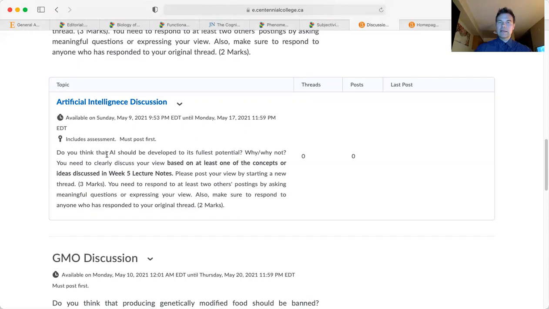So do you think that AI should be developed to its fullest potential? Why or why not? You need to clearly discuss your view based on at least one of the concepts or ideas discussed in lesson number 5. And then further, please post your response to postings by your classmates. And then if someone has responded to you, you respond to their posting.